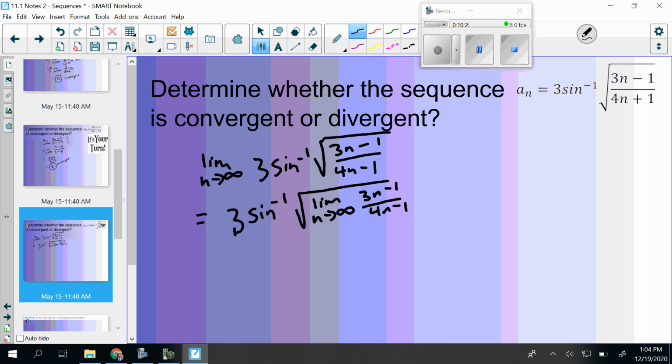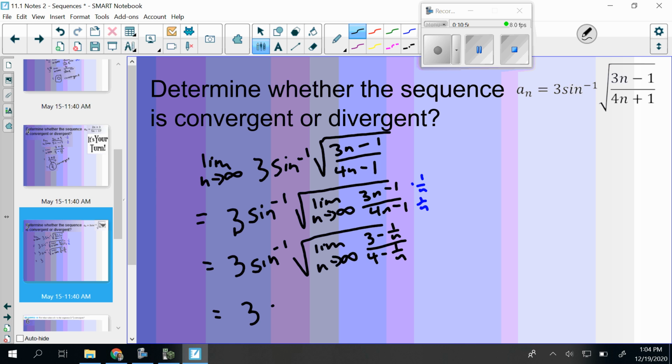Well, that one's very similar to the last one we just did. We know that if we multiply by 1 over n, it's going to end up approaching 3/4 here. So if we multiply by our 1 over n and 1 over n, now we got the limit as n goes to infinity of just this, and that's going to approach 3/4.